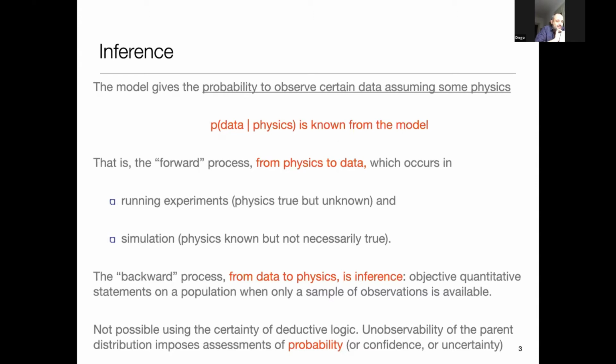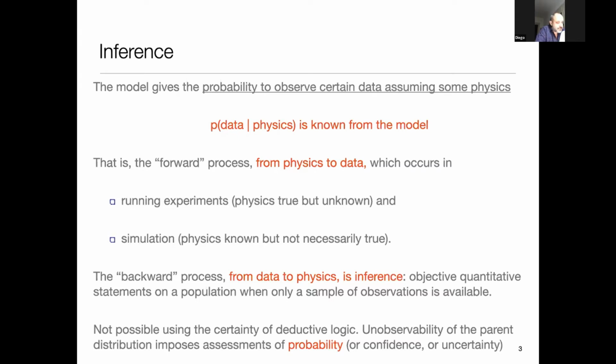So the model P of data given physics gives the probability to observe certain data assuming some physics. And this is what some people call the forward process. So the process that brings you from the physics to the data, okay?